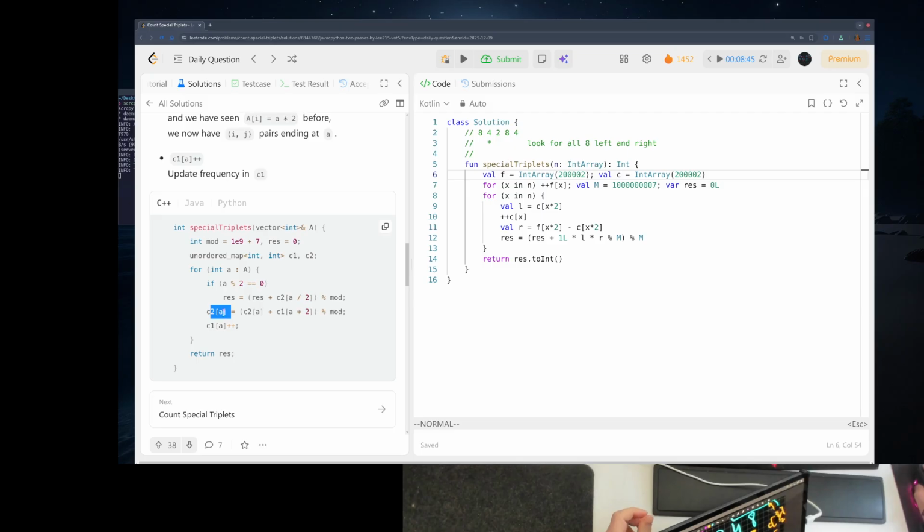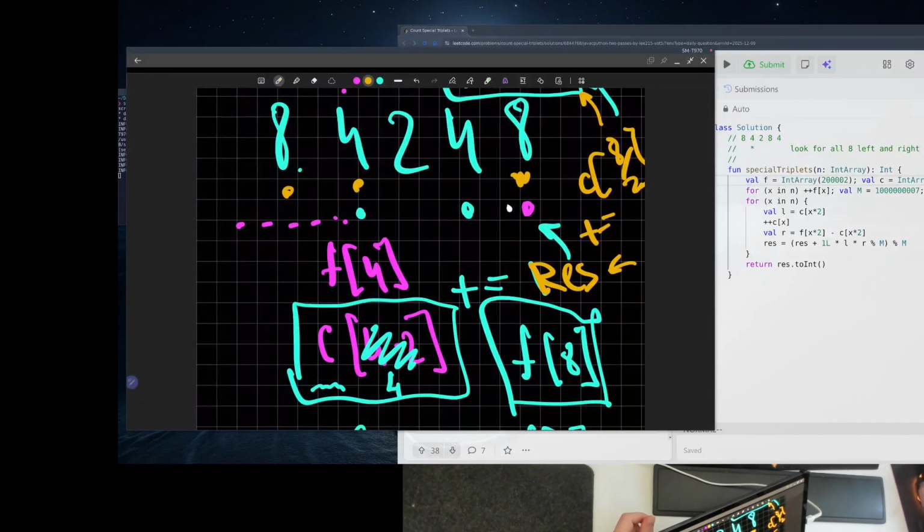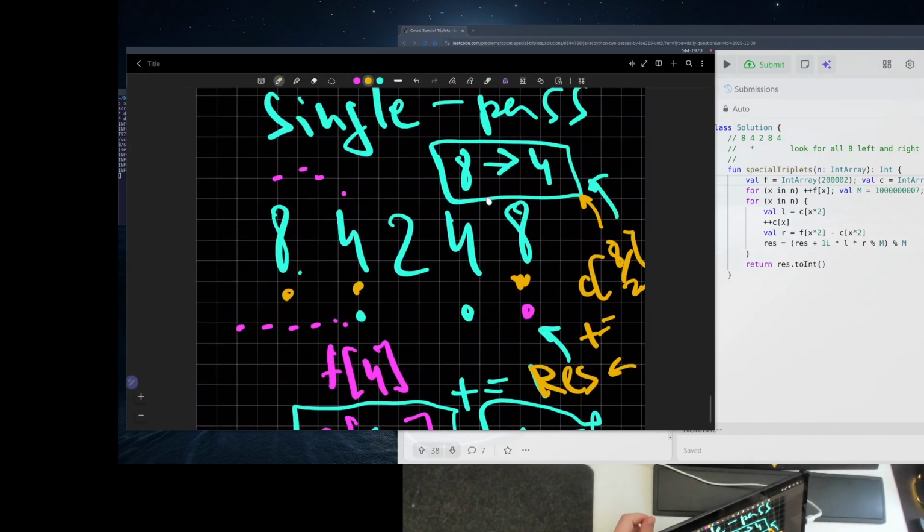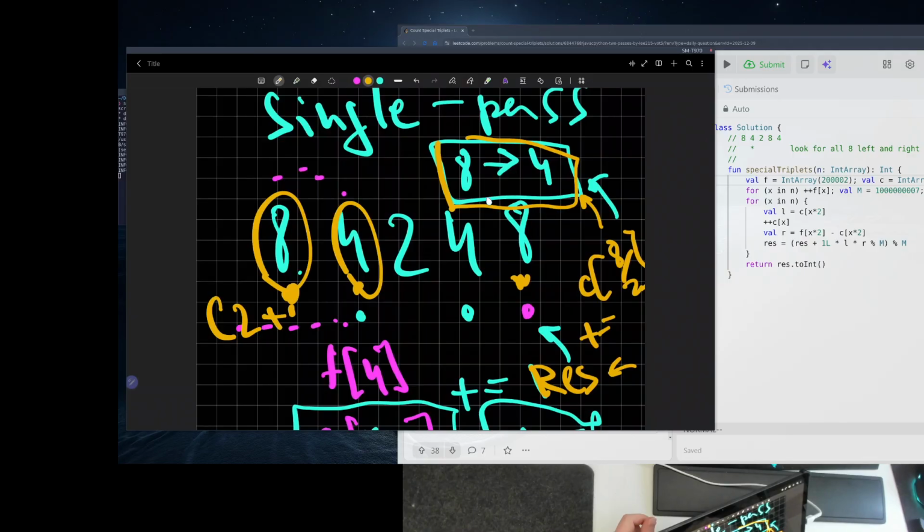But C2 counts pairs like this: 8, then you meet 2. It's one pair, C2 plus plus. And when you meet another 4, you do this again, how many 8s we have, and doing this again, C2 plus plus.